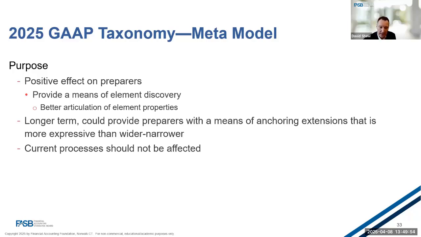And I do want to emphasize that current processes should really not be affected by the meta model. We are still including everything into the taxonomy that we traditionally have. This is just additive information to make the taxonomy more useful to all users of it. Next slide, please.